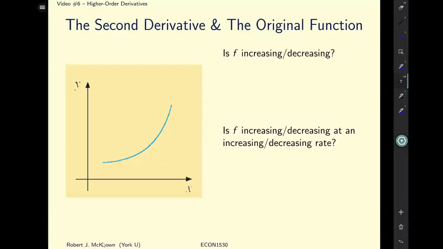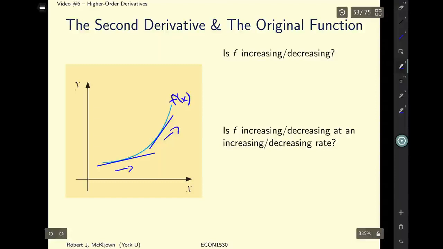Now let's look at some graphs and make sure that we really understand how to interpret the first derivative and the second derivative. So here we've got x and y axes, and we've got this curve, and it's curving upwards. If I were to draw some points of tangency on here, going like that, is f of x increasing or decreasing?